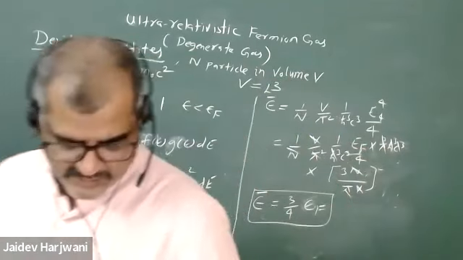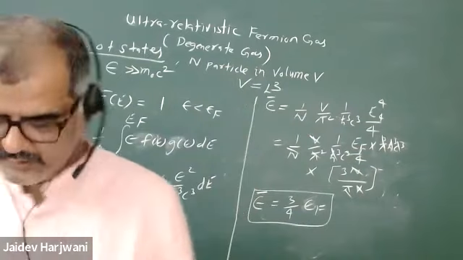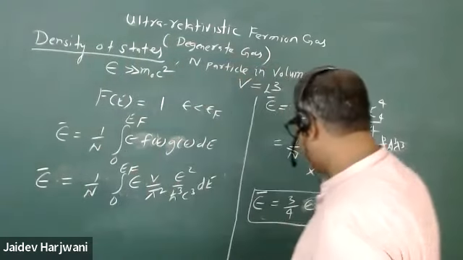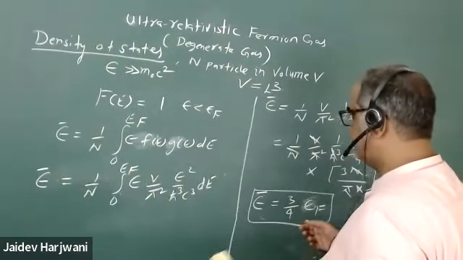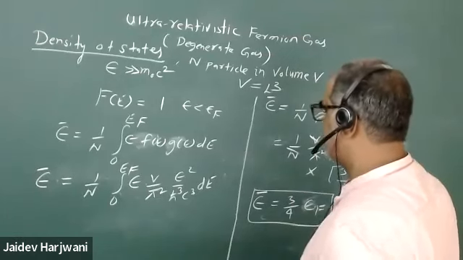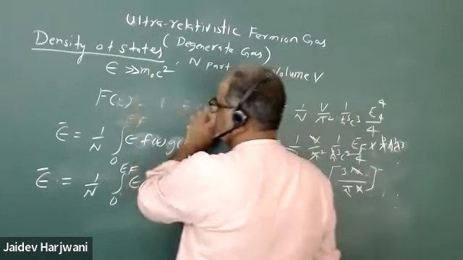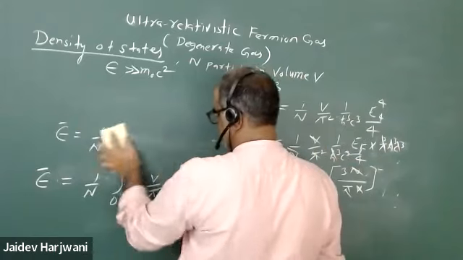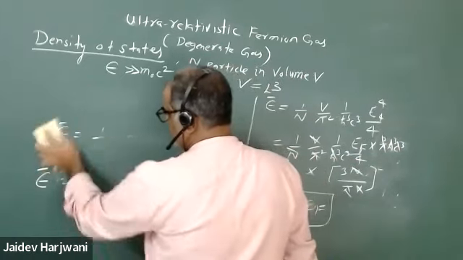Similarly you can get this for 2D or 1D also. Now you have the average energy of a particle, and you know the number of particles also, so you can calculate the total energy.